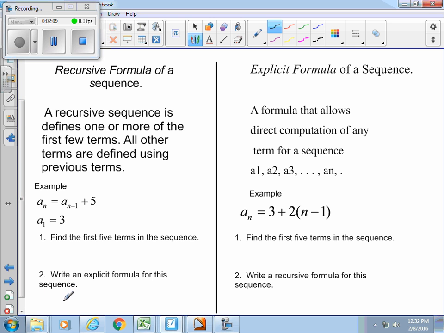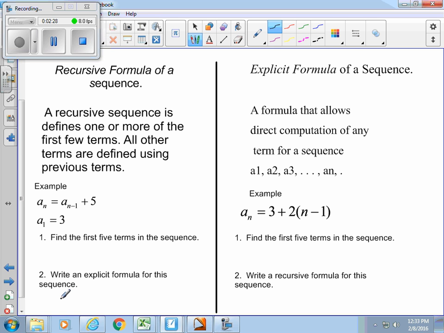A recursive sequence defines one or more of the first few terms, and then all other terms are defined using previous terms. Sometimes you can define one term and then use that, like in arithmetic. Sometimes you have to define more than one to begin with, like y'all may remember learning the Fibonacci sequence.